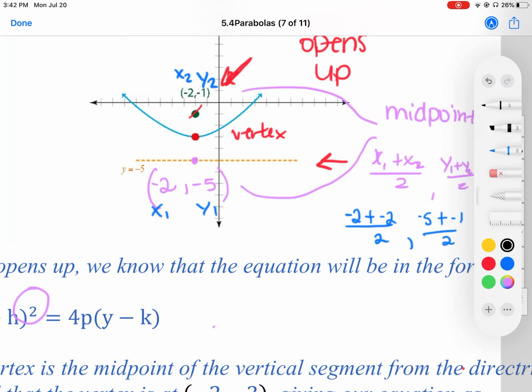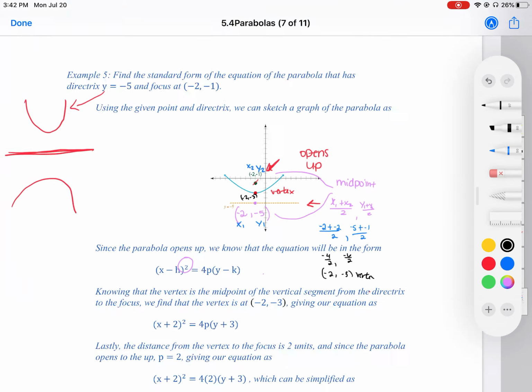So -2 plus -2, we get -4 divided by 2. And -5 plus -1, we get -6 divided by 2. We get -2 and -3. And that is your vertex, -2, -3. Just as our text says.